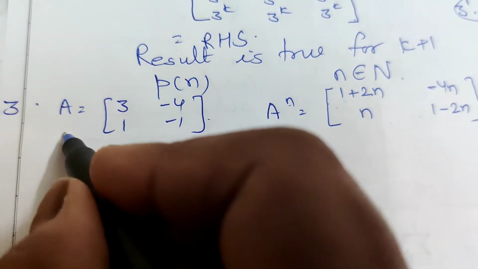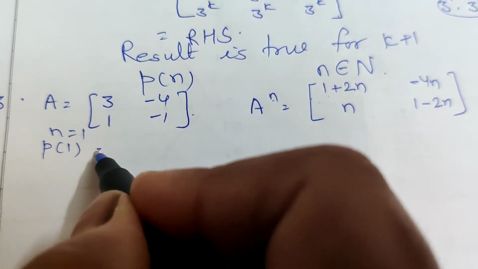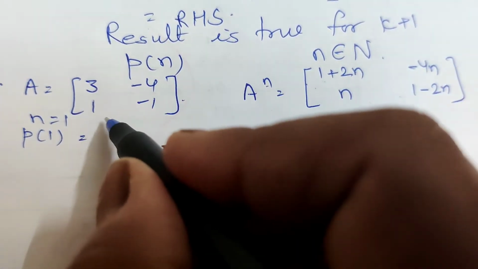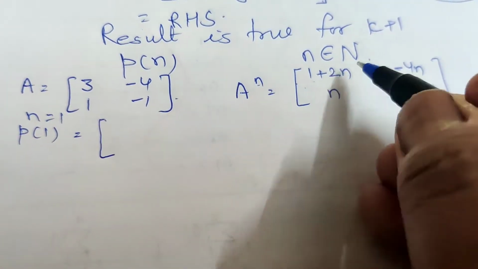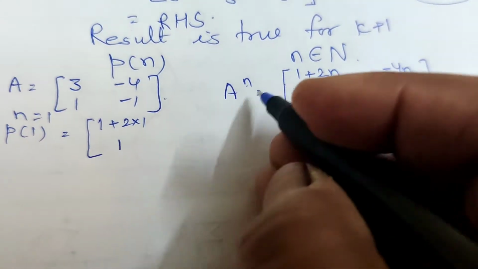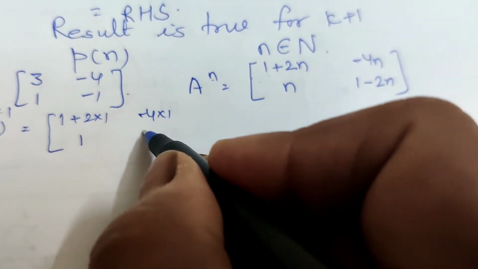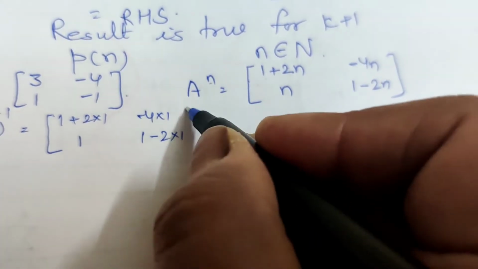सेम, इफ n इक्वल टू 1, देन P1 इक्वल टू, पुट n इक्वल टू 1 इन दिस सीरीज, 1 plus 2 into 1, 1, minus 4n means 4 into 1, and 1 minus 2 into 1.